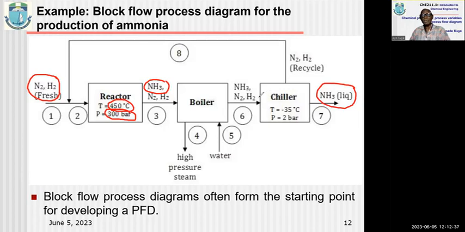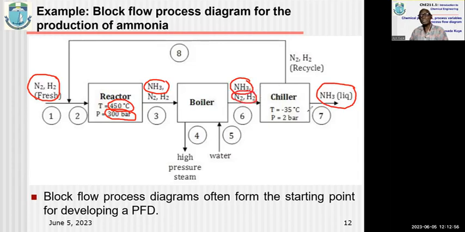And from the boiler, what do we need to do? We need to separate our product, which is what we need, the ammonia, from the nitrogen and the hydrogen.